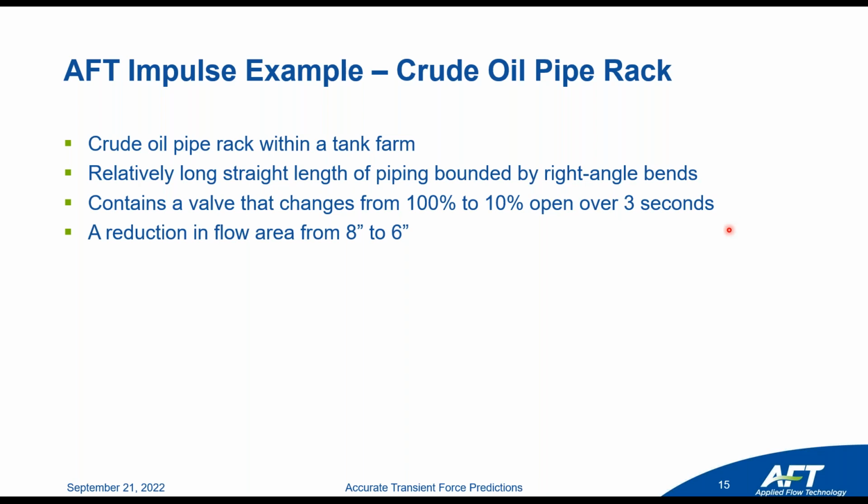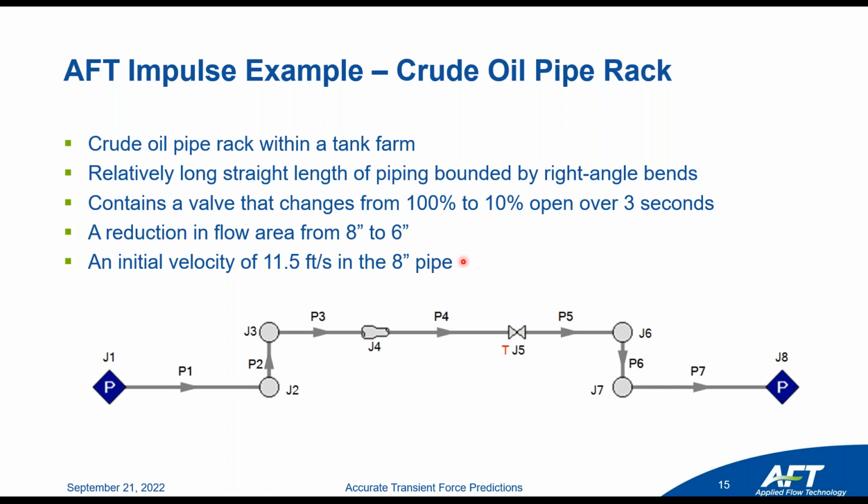And we're going to see a reduction in flow area from 8 inches to 6 inches inside of this straight length of piping bounded by the bends. And we have an initially high velocity, 11.5 feet per second in the 8-inch pipe, and of course higher in the 6-inch pipe. Again, that's higher than maybe most people would recommend, but it's not unreasonable. It's definitely within the realm of values that we have seen.